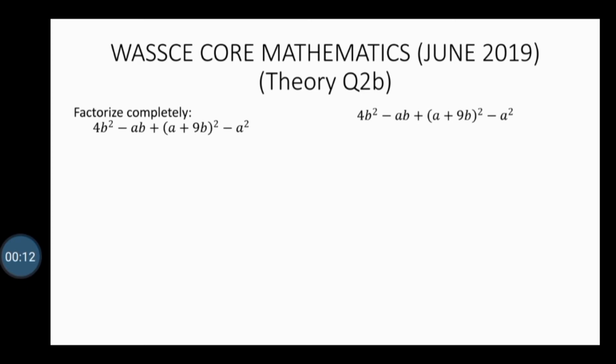First of all, we will tackle the one in the bracket, which is a plus 9b squared. When we expand that, we get a plus 9b multiplying a plus 9b. Now we have 4b squared minus ab plus a plus 9b in bracket multiplying a plus 9b minus a squared.